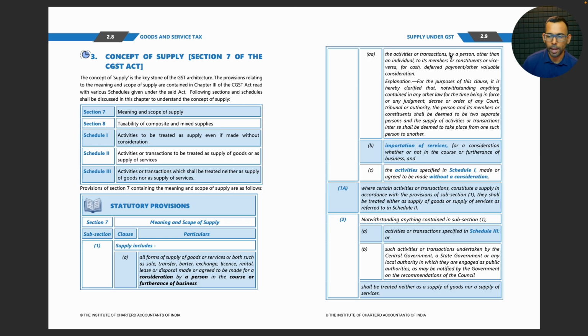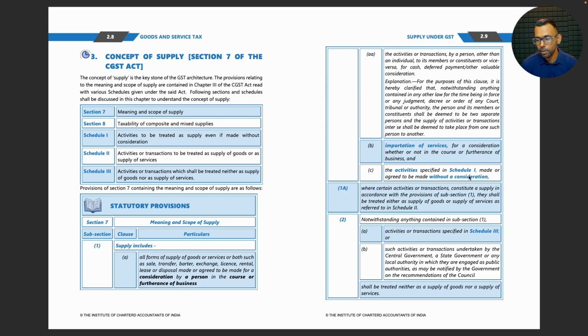Okay, fine. Kind of we are getting near to this. I know I'm not accurate about this, but let's see anyway, in the explanation we will get to see. Clause B, importation of services for a consideration whether or not in the course or furtherance of business. Whenever I import certain services, treat it as supply. It has come in the main section itself. Clause C, the activities specified in Schedule 1 made or agreed to be made without a consideration.